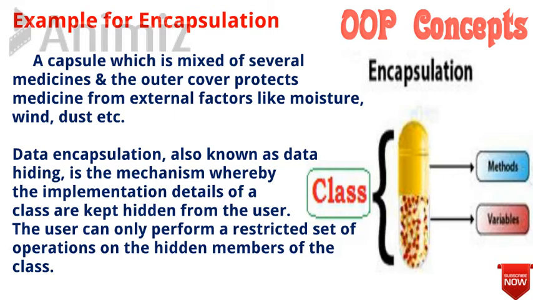Data encapsulation, also known as data hiding, is a mechanism whereby the implementation details of a class are kept hidden from the users. The user can only perform a restricted set of operations on the hidden members of the class.